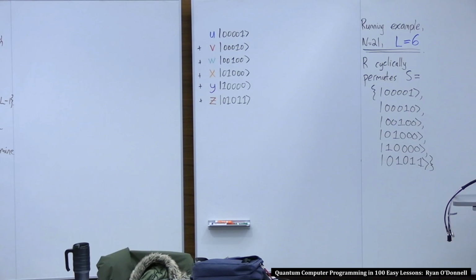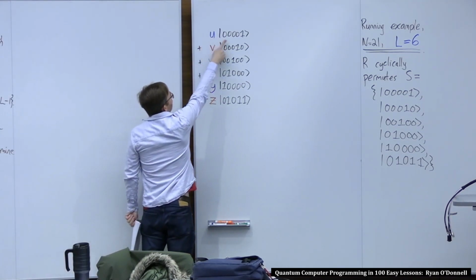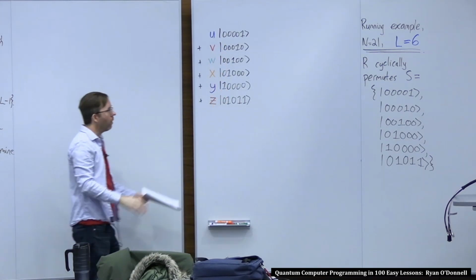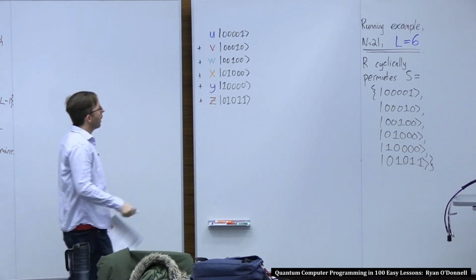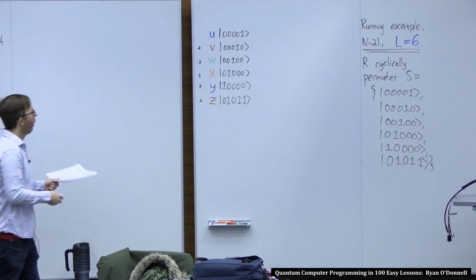So what I'm saying is every state that this whole algorithm ever constructs will look like this. It'll have some amplitude on this first thing, second, third, fourth, fifth, sixth, or L. So we can think of a generic state as looking like this, where u through z are the amplitudes. Now, what I want you to think about is, what if you were to apply R to this completely general state?